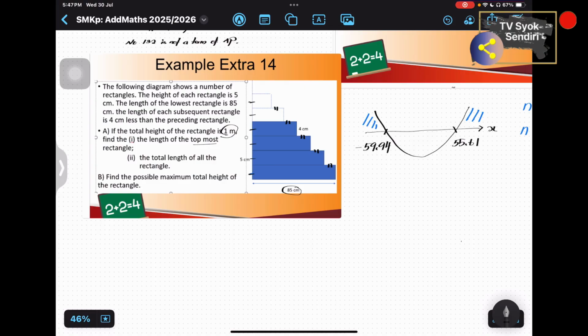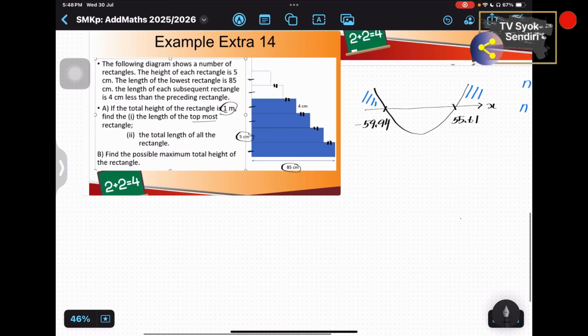Now the question is, how many rectangles? The first question I'm going to ask is how many rectangles are there for the 1 meter. We know that each of them is 5 centimeter, so we want to know the number of rectangles.